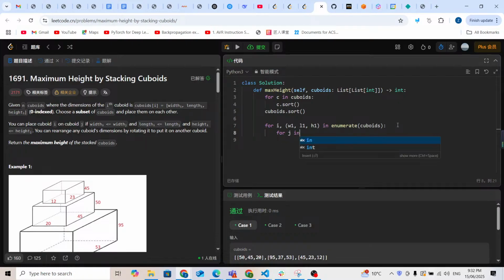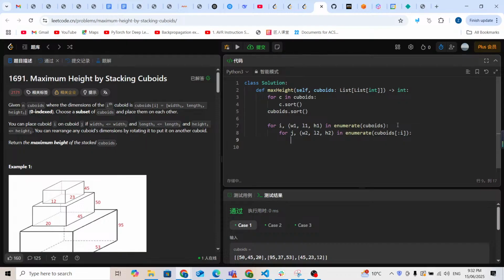And for j, we use w2, l2, and h2 in enumerate cuboids up to i, where i is not included. Now we're going to check it, but we didn't define the function. Let's define the dp function f, which is h for w, l, and h in the cuboids. This is just a template of the longest increasing subsequence, and we can directly check that.